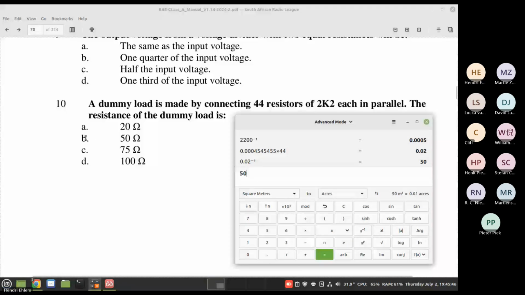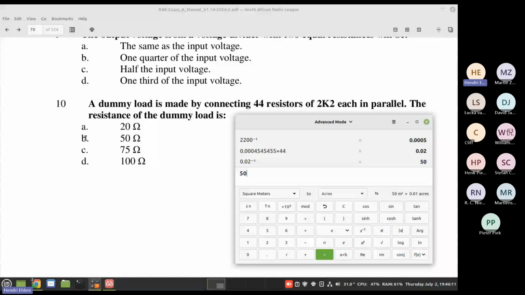Now, there's another way of getting to this answer. In radio, dummy loads are 50 ohms because your radio is designed for an impedance of 50 ohms. Your coax cable is 50 ohms, and your antenna must be matched for 50 ohms.